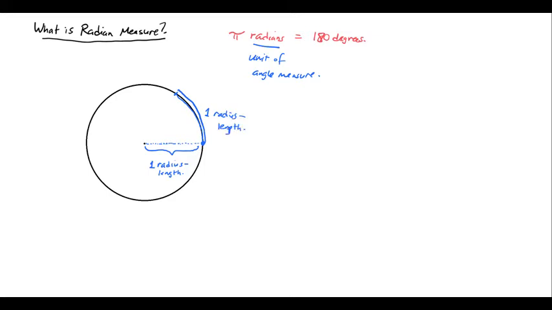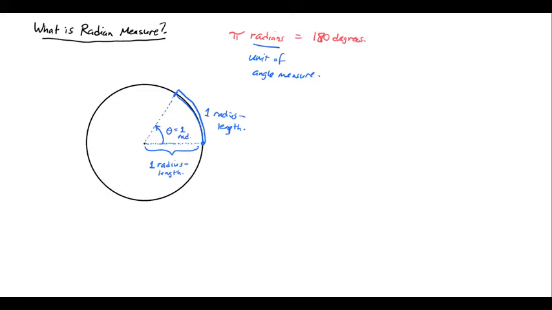Now I haven't constructed an angle yet, so here's how you make the angle. I take that point and I connect it to the center with another radius. And then the angle that I've swept out, let's call that theta. That is an angle whose measure is 1 radian.